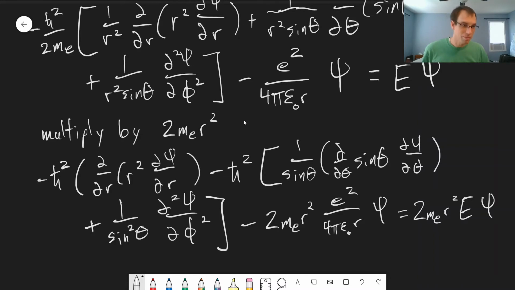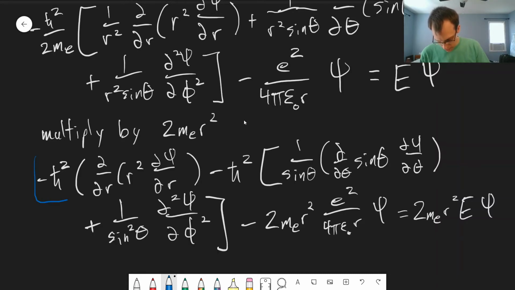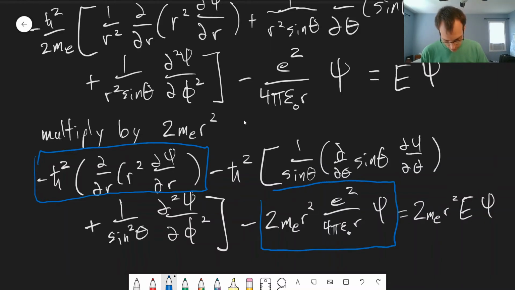Now, something that may not be obvious, but if we glance at this, we'll see that this part here is the only part with r's in it. Well, not the only part. This part and down here. All right? But these parts don't have any angular dependence. So the parts circled in blue have no theta or phi.